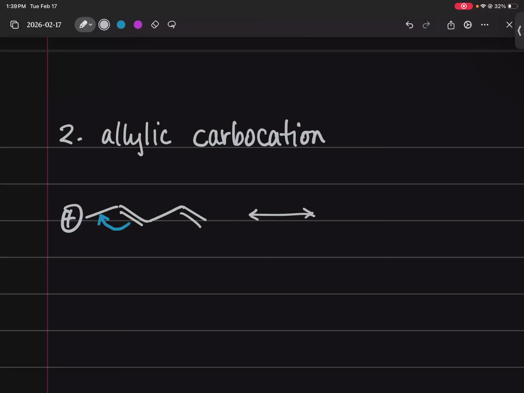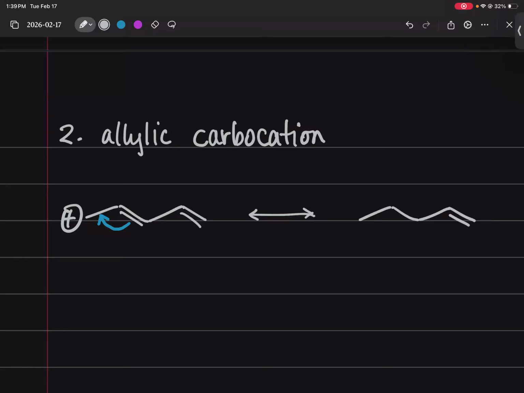So first we'll draw all of our atoms and sigma bonds. Then we'll draw everything that hasn't moved. That would just be that pi bond on the right.